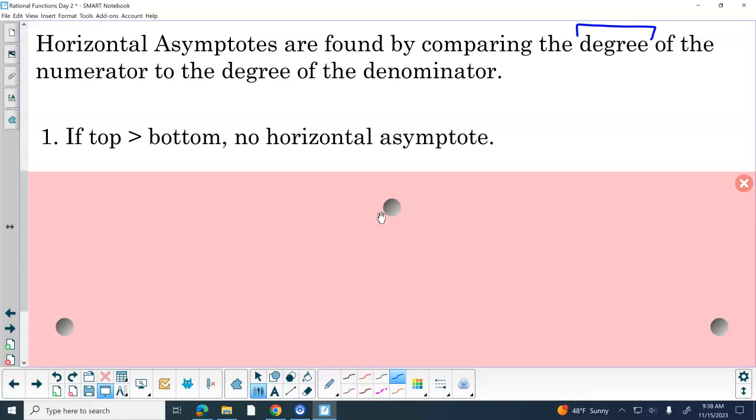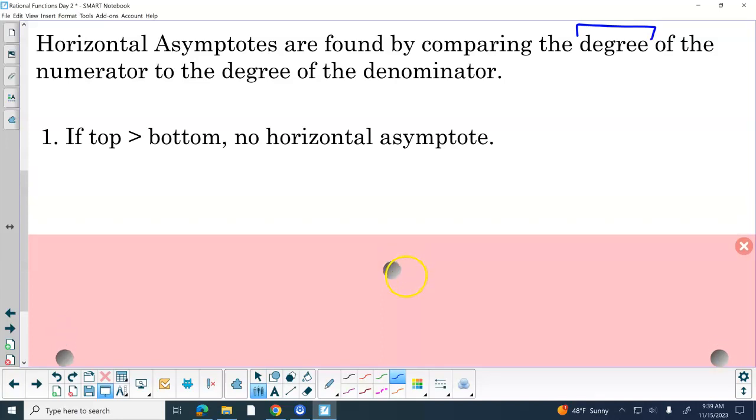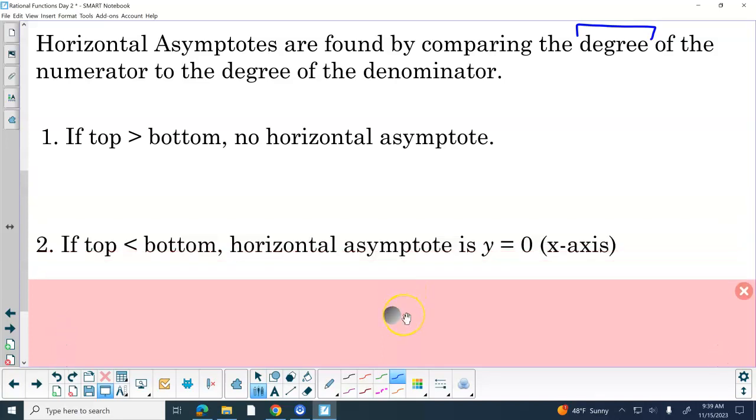Top number smaller. Okay. So my bottom number is bigger. Then my horizontal asymptote is the line y equals 0, which is the x-axis.